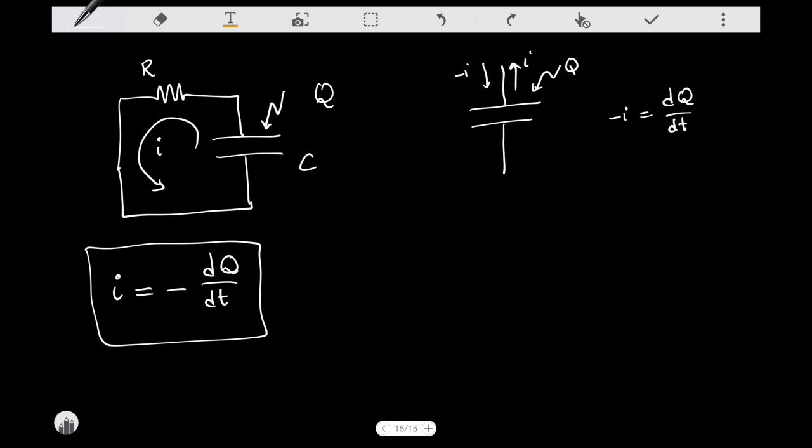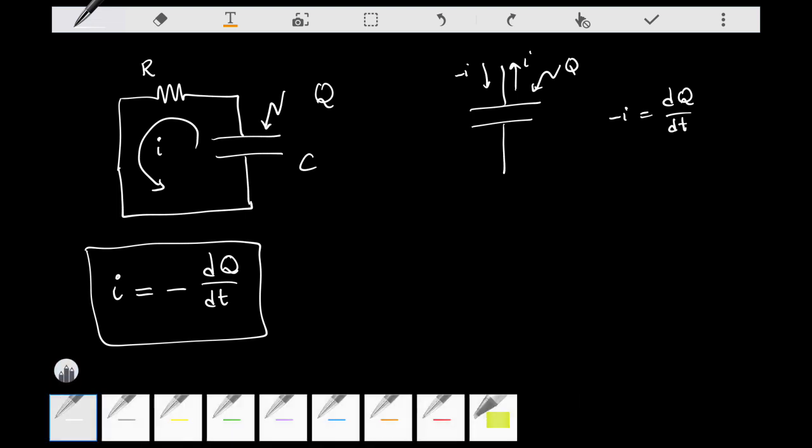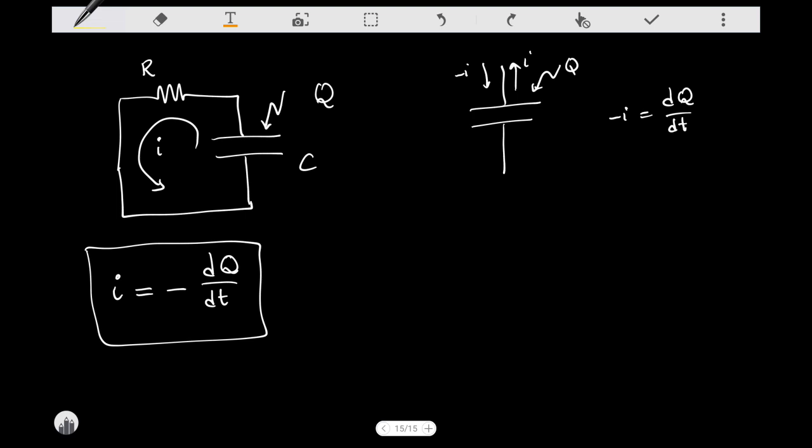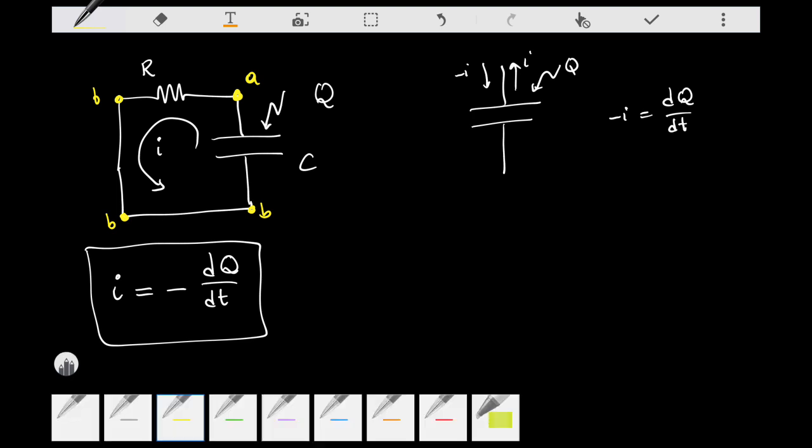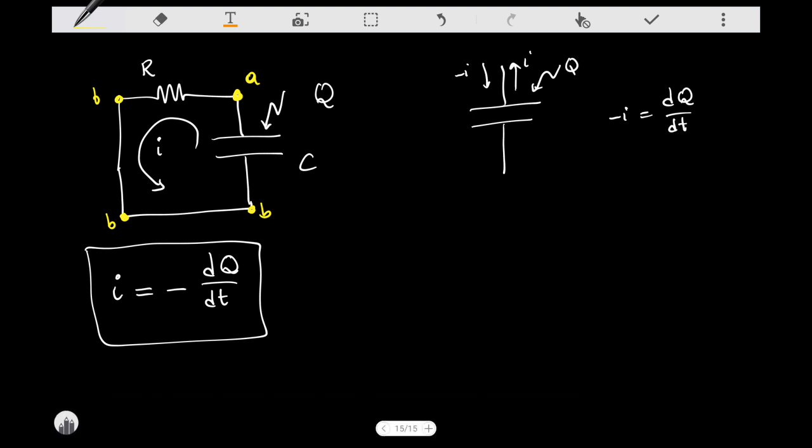The second thing is the loop rule. Let me write this thing down. So this is the point A, and that's the point B. Point B is the same as these points in here. Let me just call them B because they are just connected with a wire. There's no reason why I should draw this in the shape of a square. They are just connected, right?